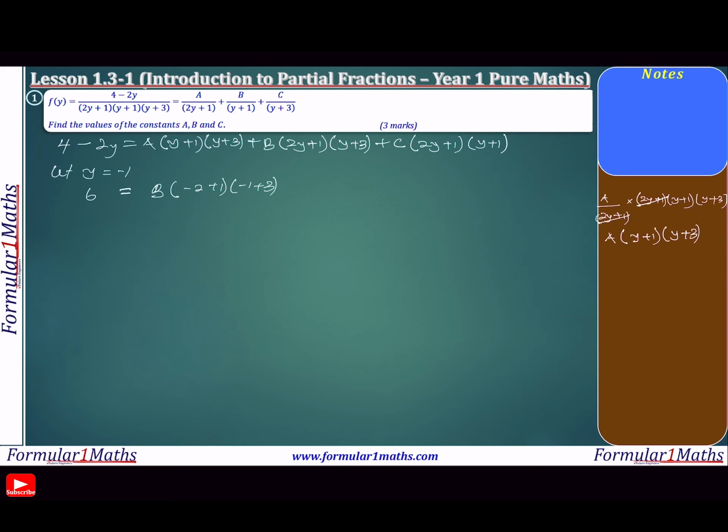If I simplify that, I'm going to get 6 is equal to minus 2b, which implies that b is equal to minus 3. And so that's the value of b.